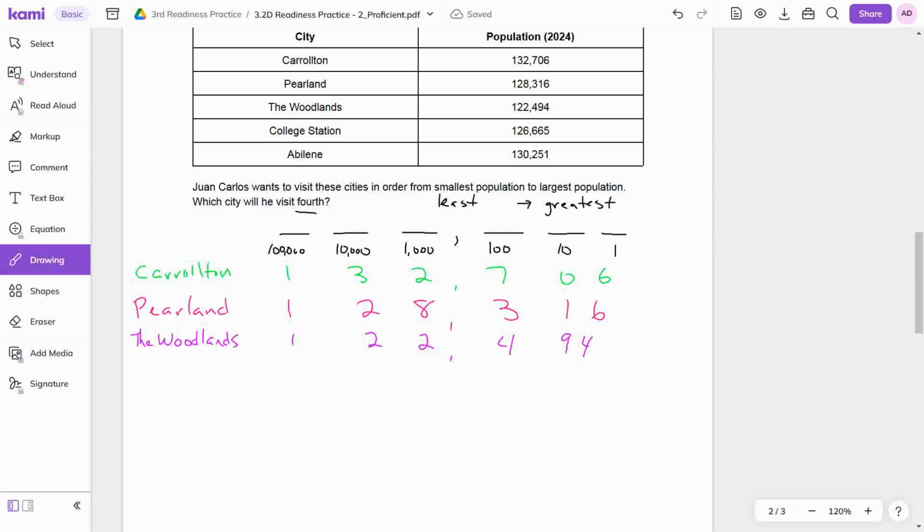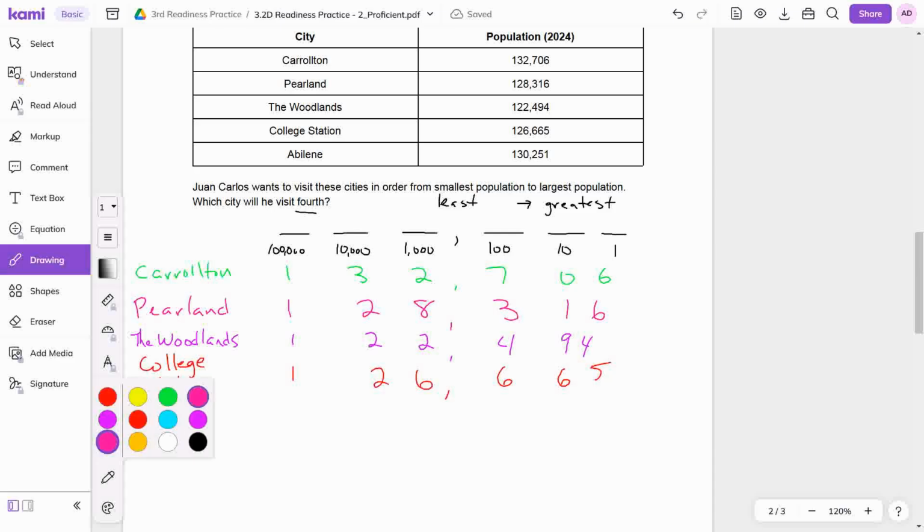Next, we will look at College Station. And we will say that that is 126,665. And then we need one final city here. And so let's do Abilene.